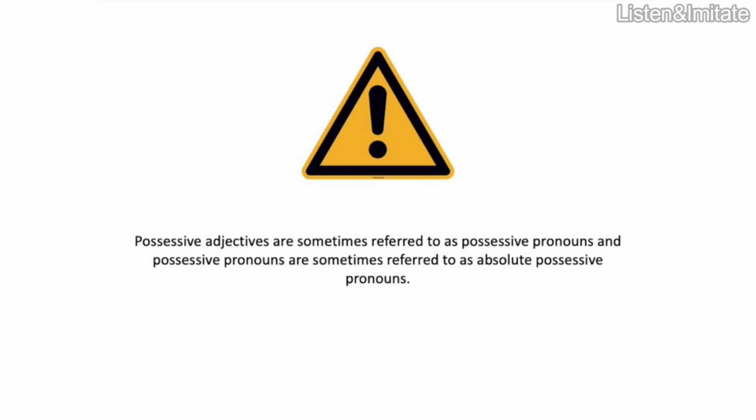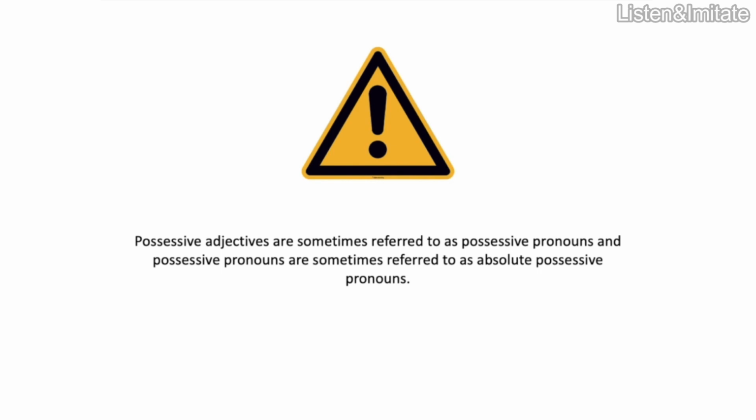Our next step is learning about possessive pronouns and adjectives. It can be confusing because these words are sometimes referred to as possessive pronouns and absolute pronouns, whilst in other grammar books, we call them possessive pronouns and adjectives.